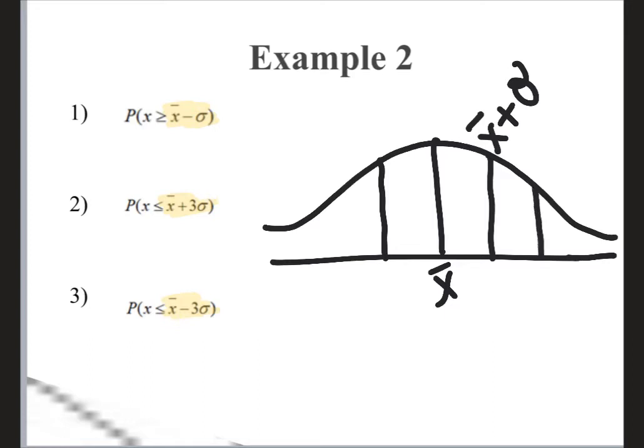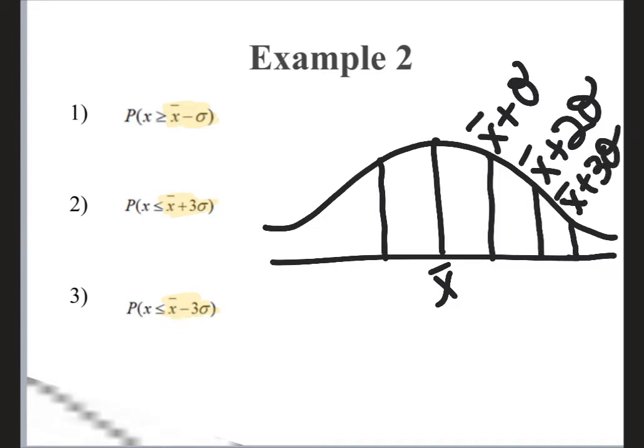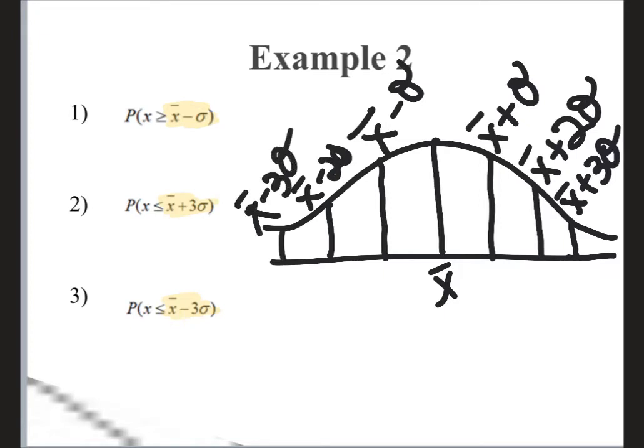When I talk about finding the second line, you're going to take your mean and you're going to add 2 standard deviations, okay? When I look at the third line, I'm going to take my mean and add 3 standard deviations, okay? Same thing here, same thing on the other side, but subtracting. You're going to take your mean and subtract 1 standard deviation, take your mean, subtract 2, take your mean, subtract 3.